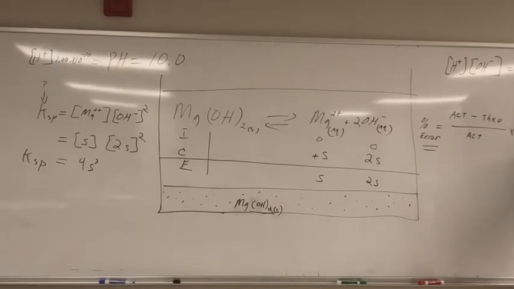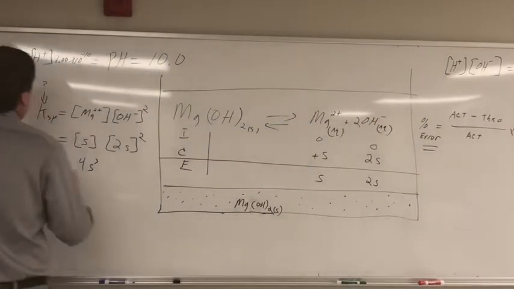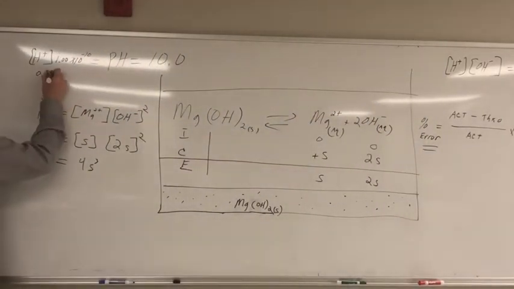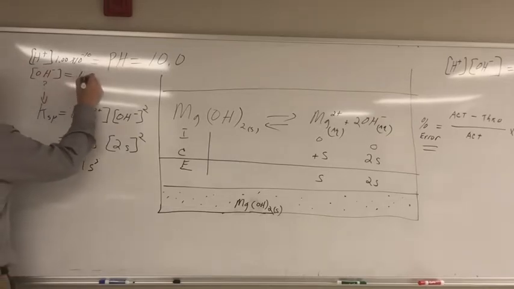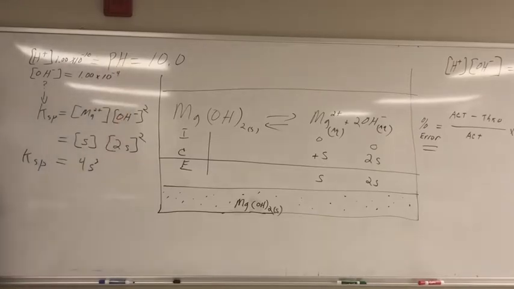If you recall, that equals the Kw. This is an equilibrium number, so that's going to be constant at that temperature. We know this quantity here is 1 times 10 to the negative 10th, so this quantity is 1 times 10 to the negative 4th. So here's our hydroxide ion concentration. We can write that here: 1.00 times 10 to the negative 4th.